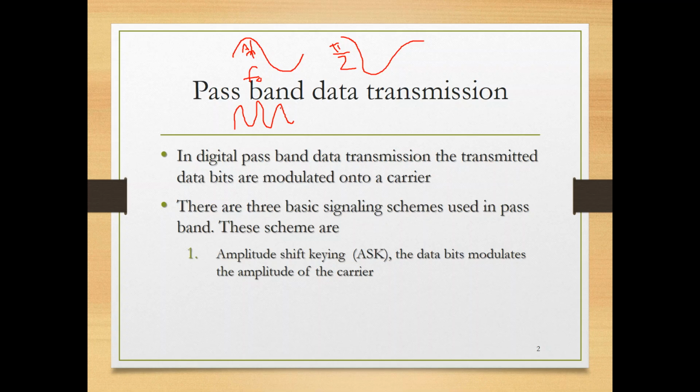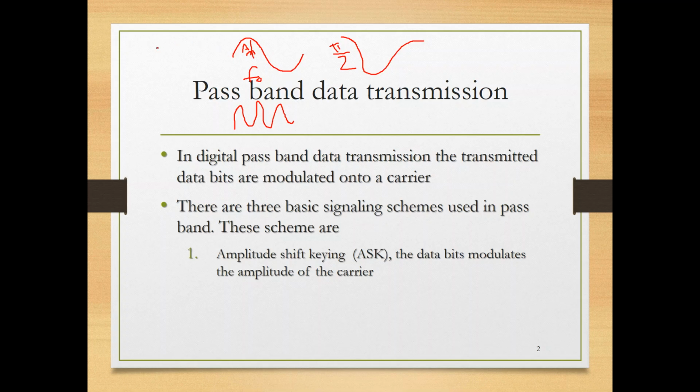So what does this mean? This means that I can map the data bits that I generated from my computer to specific changes in the properties of the sinusoidal carrier.